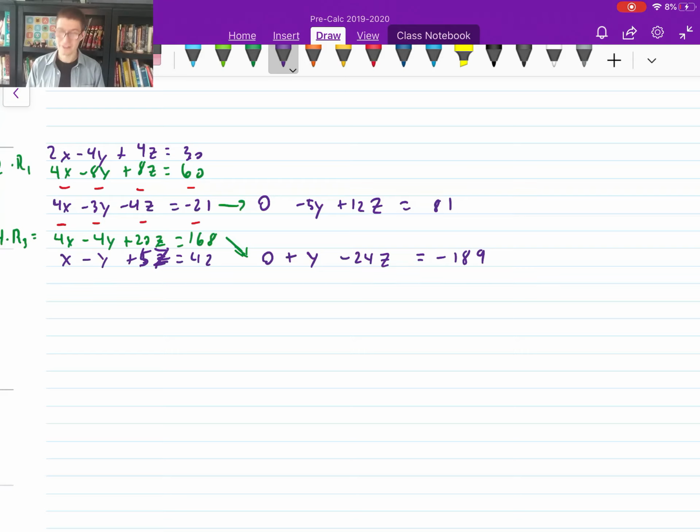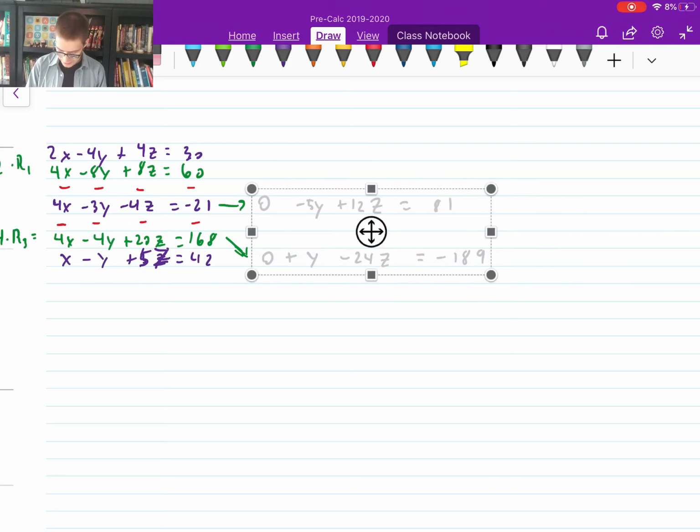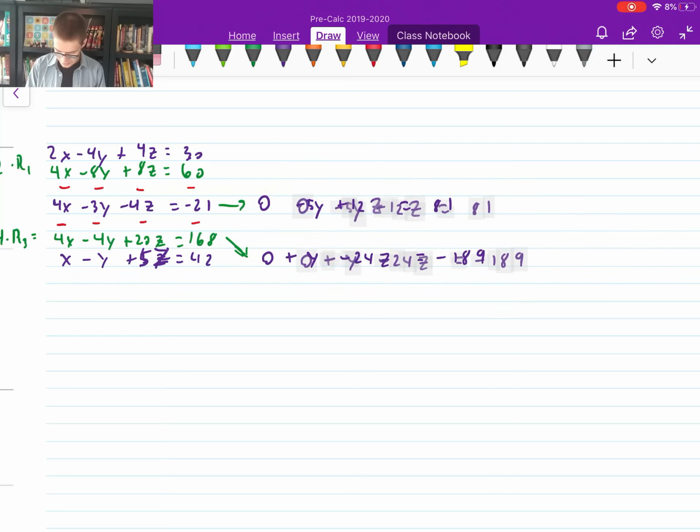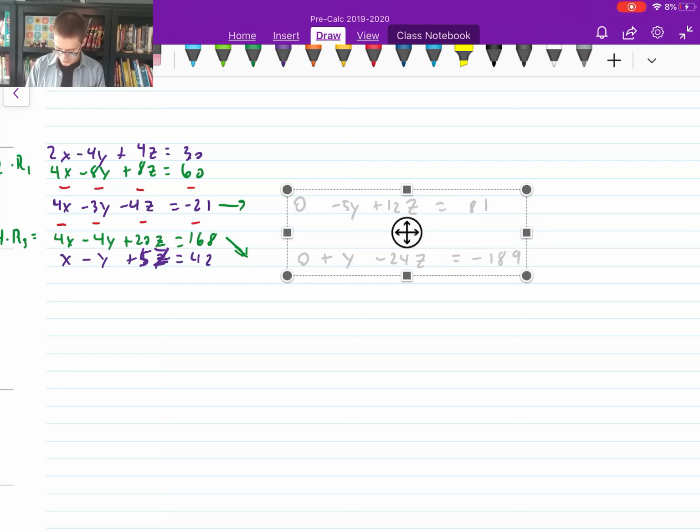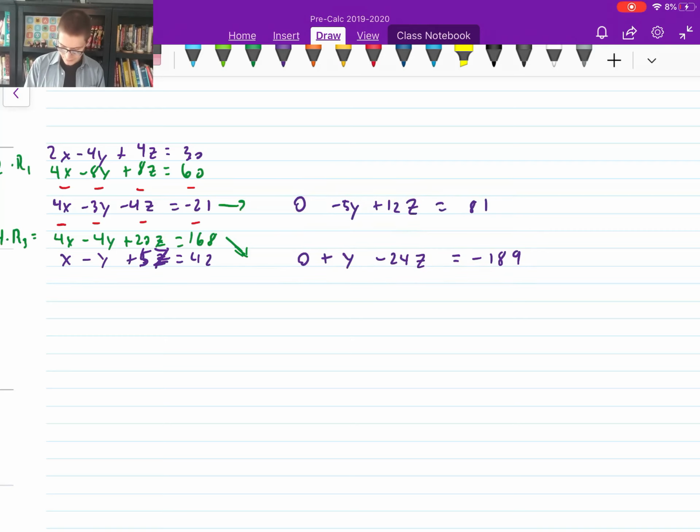It's going to make a really large number on the right, but we can make this work. Actually, I'm going to move this entire thing over a bit to the right so that I can make a new operation. We'll call this 5 times row 3.